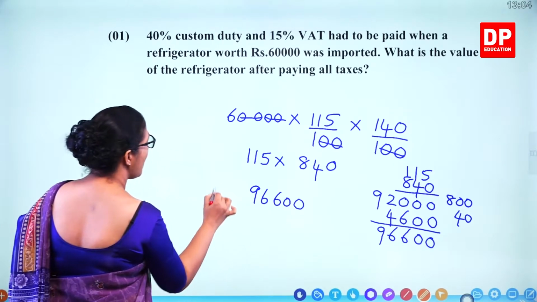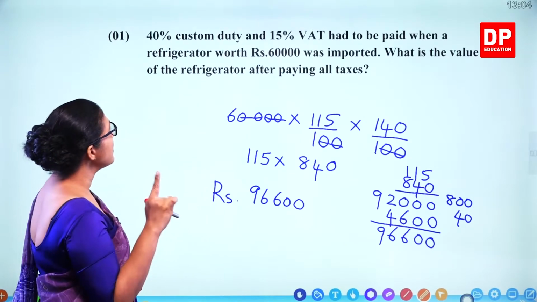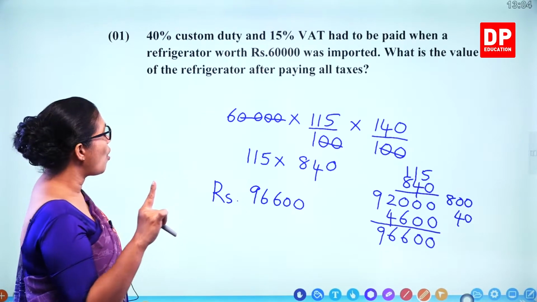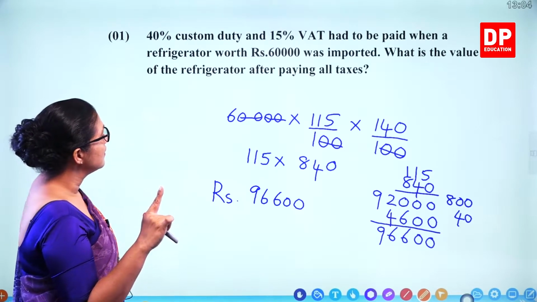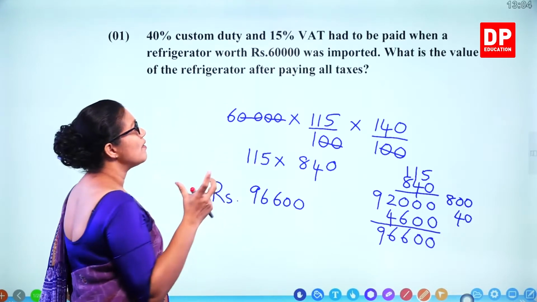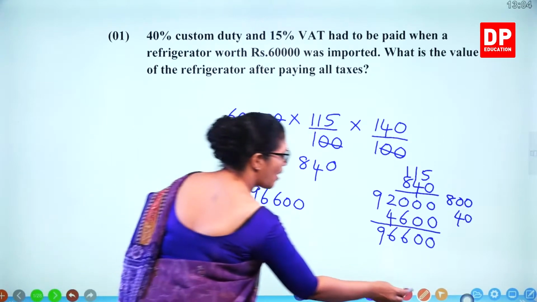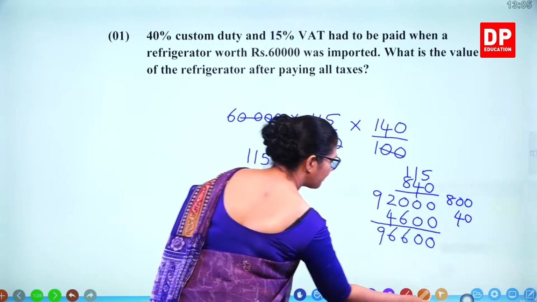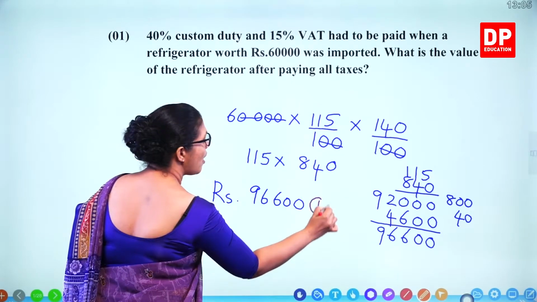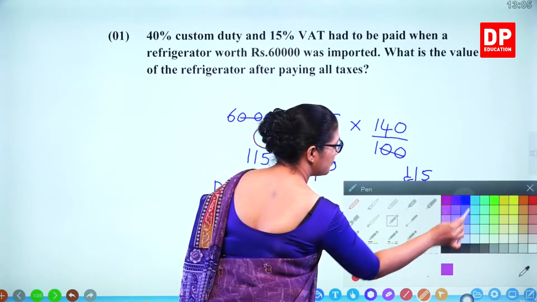So that's the value you need to pay after VAT and custom duty with all taxes. The actual value is 60,000. So 2 marks for that. 1 mark for the answer and 1 mark for the method.